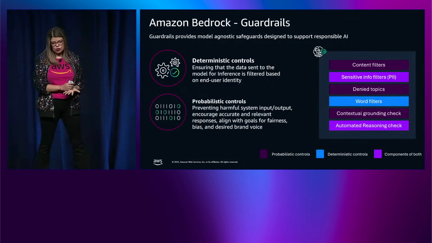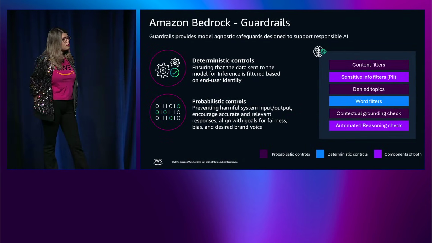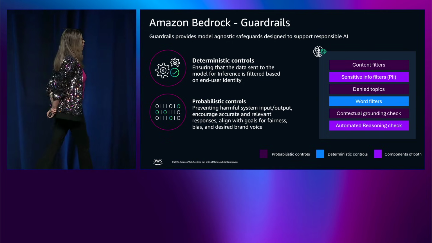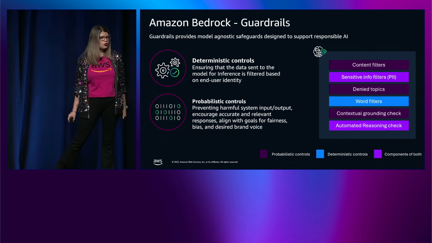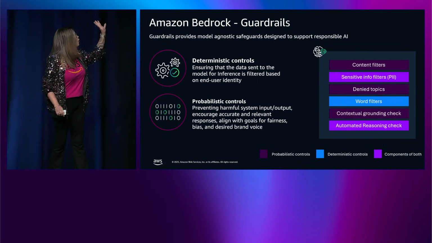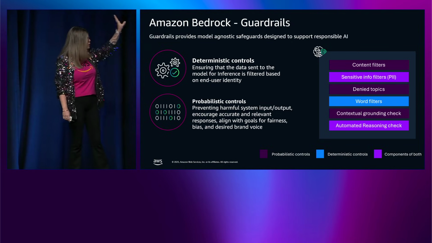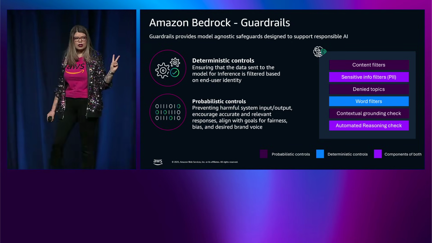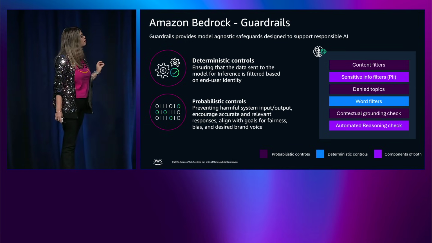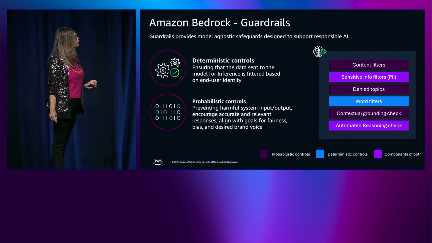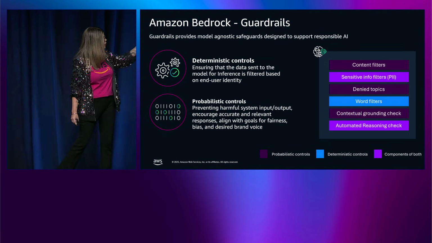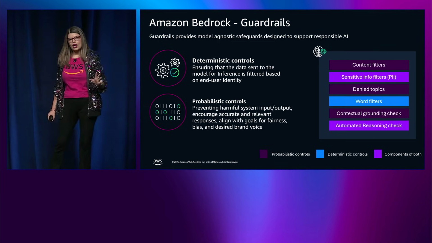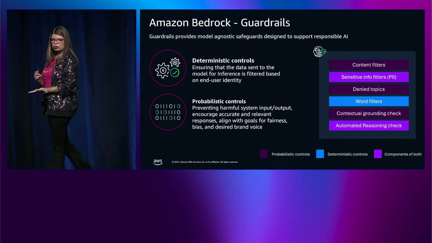First, the guardrails. So the guardrails will be our security feature to work on Bedrock. We have three kinds, but let's focus on two. We have two kinds of configurations of the guardrails. The first one is the deterministic control, so the blue one. What is the deterministic control?